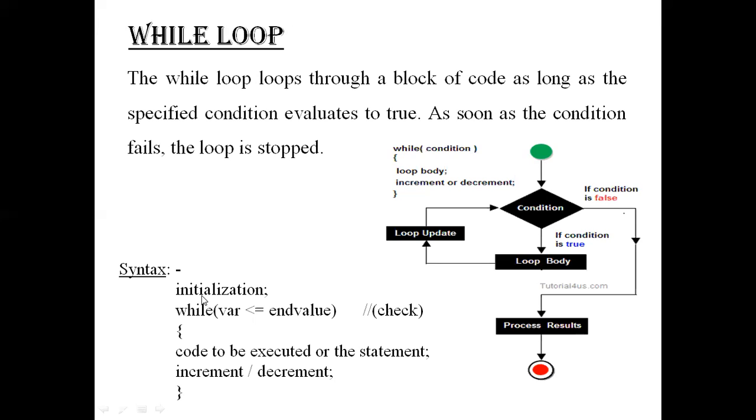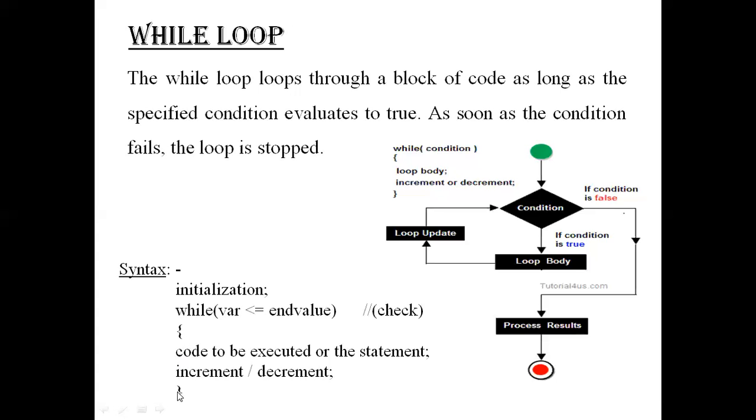All will not be together in one statement or one bracket. First, we will be writing the initialization on top. Then you start with the while loop. In the while, you will be only doing the checking, the first value till the end value. Whether it is less than or greater than or equal to, any type of checking you will be doing in the while expression.